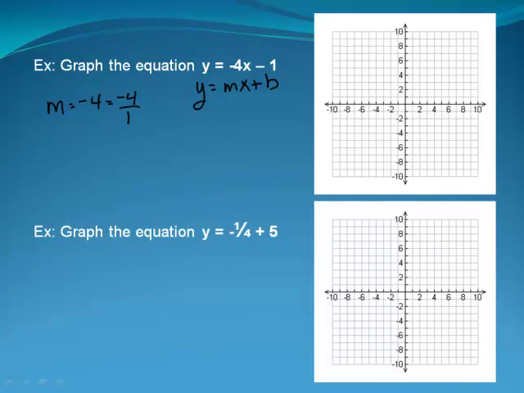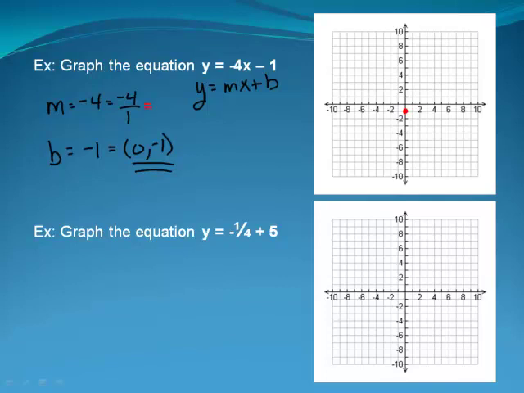Okay, b, make sure you carry the sign. b is a -1, that's our y-intercept. And so the ordered pair there would be 0, -1. So 0, -1 is going to be your starting point. Coming over here, 0 left or right and 1 down is right there. That's 0, -1.